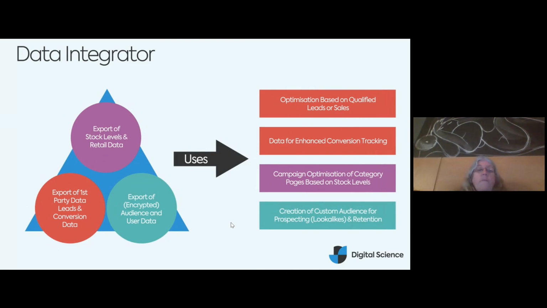So the first one is exporting what we call first-party data of leads and conversions. So this would be, for example, if you've got a lead generation site, like us, we get 20 leads a day, but actually over a month, only 10 to 20 of them will be any good, because every single day we get spammed with a load of rubbish.